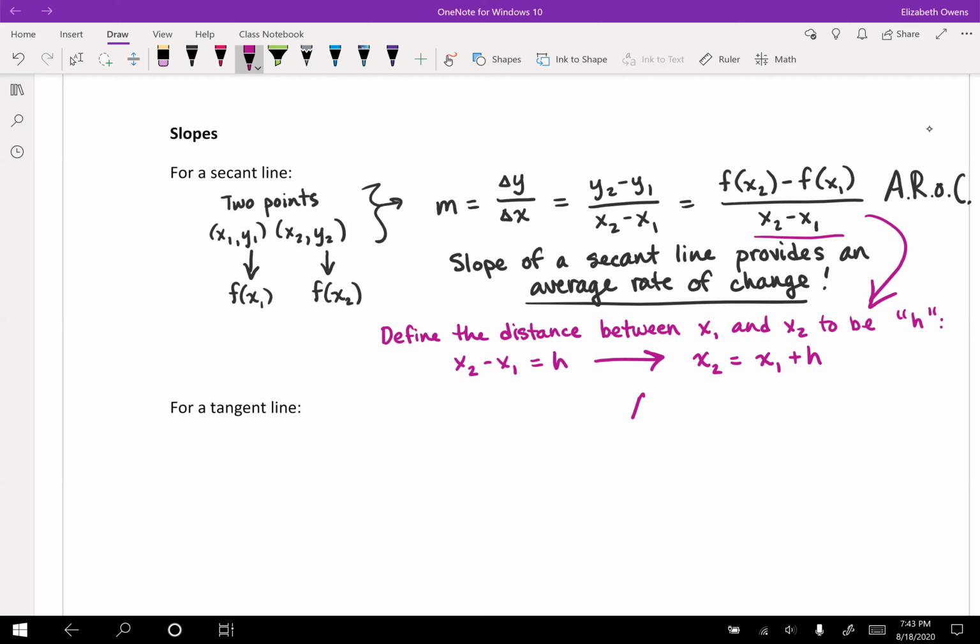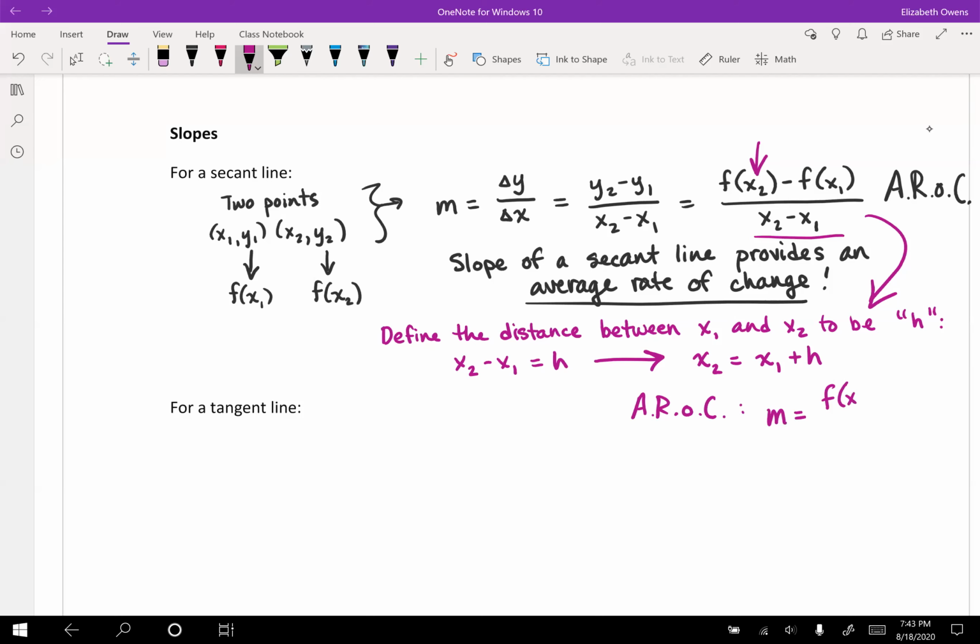This is still an average rate of change, still the slope of a secant line, but we could also say that the slope m is f of, instead of x2 now, we're going to write in x1 plus h.